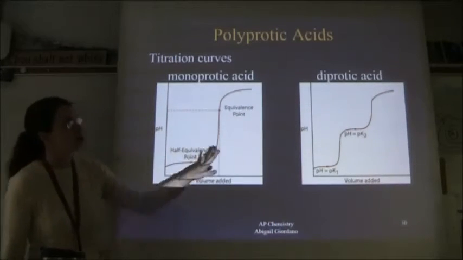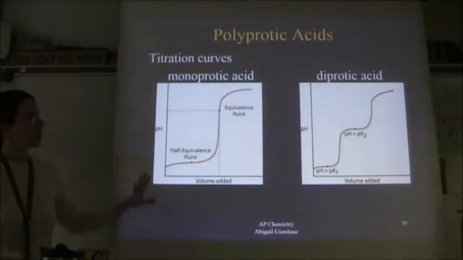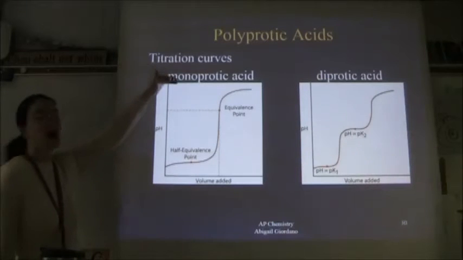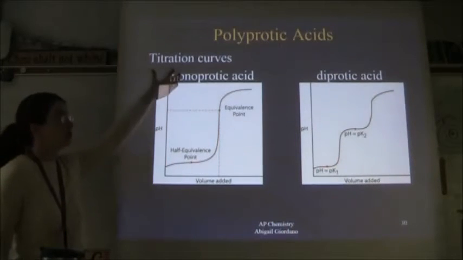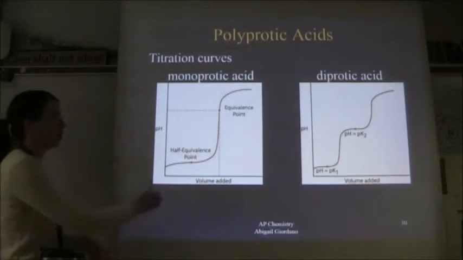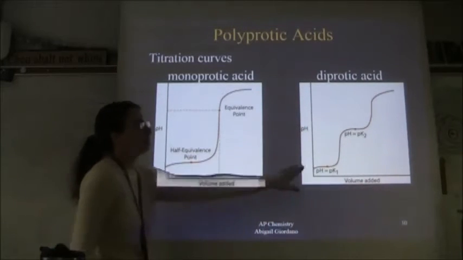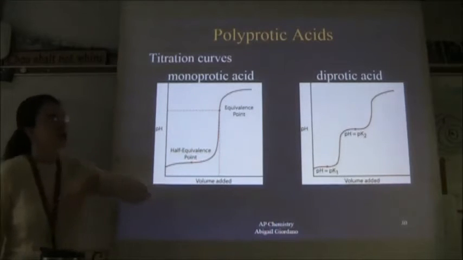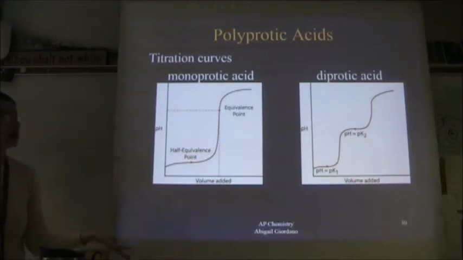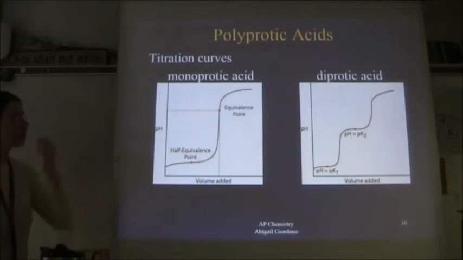What I am trying to show you here is that for a monoprotic acid, which is most of the acids we deal with, you will see only one S shape. Diprotic, you will see 2. If we had a triprotic acid, we would see 3.